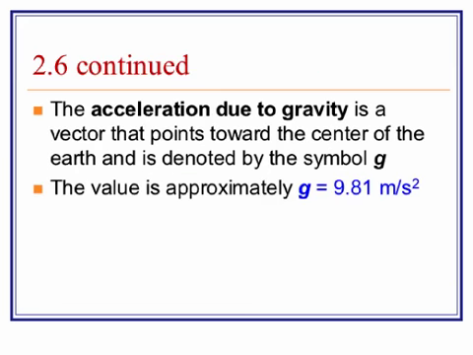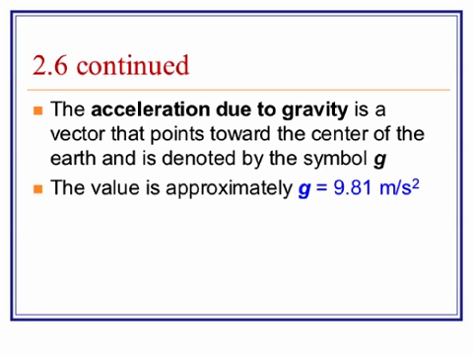Gravity is a fundamental attractive force between two objects with mass. In our reference frame, between us and the Earth, we always look at this as a downward force or a downward acceleration. The symbol for the acceleration due to gravity here on Earth is represented by little g.